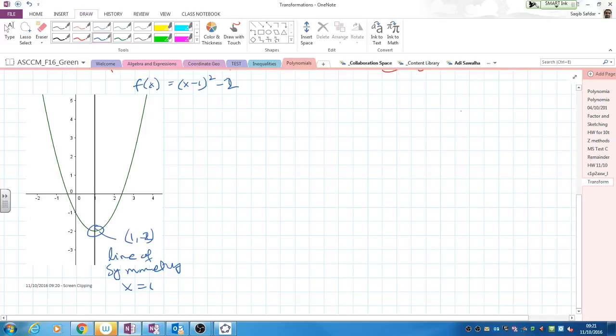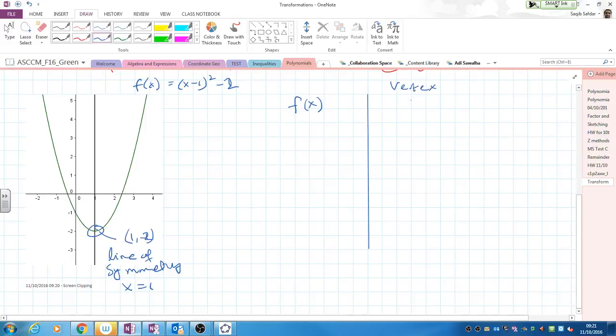Right, and what we're going to do on this side is have a little play around. Let's make a little table, and let's just put down the vertex.